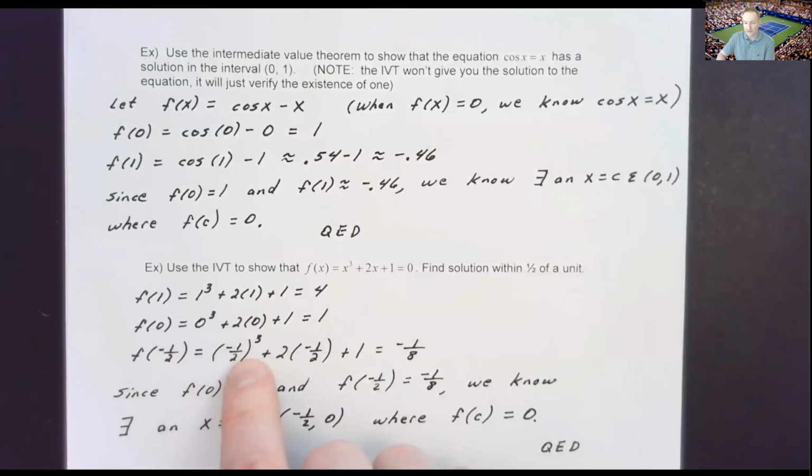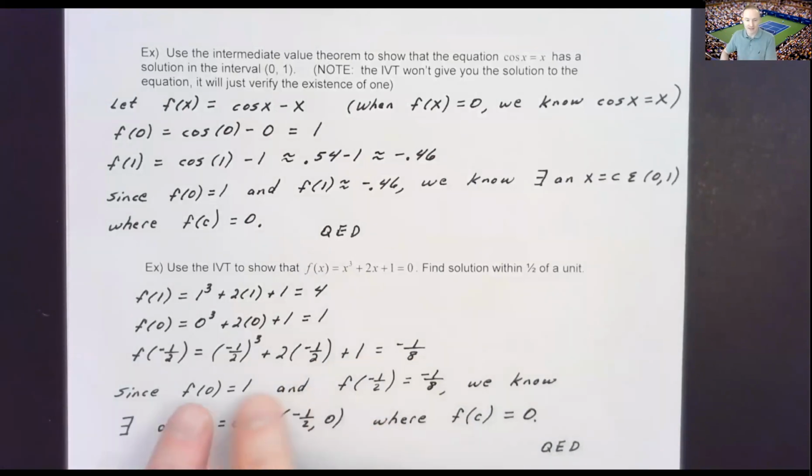Negative 1/2 cubed is negative 1 over 8. And then this is just going to be minus 1 plus 1, so those counteract each other. I just have a negative 1 over 8, which is fantastic, because now I know I found an x value that gives me a positive y value and an x value that gives me a negative y value. So I know there is a y value of 0 somewhere in between those two x values.